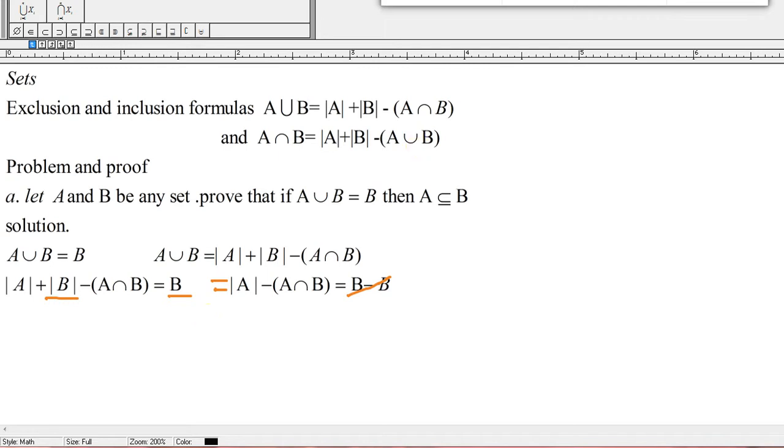So let's just write that and see. We now have A minus A intersection B equals 0.